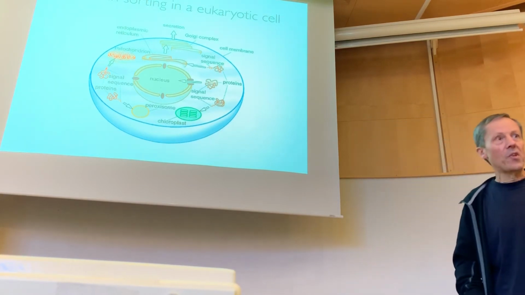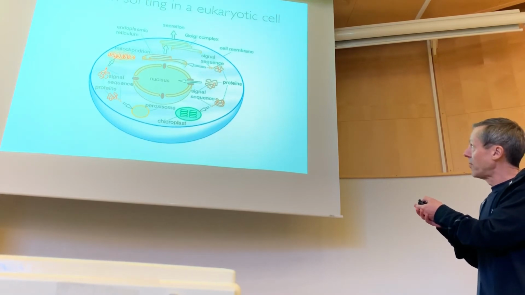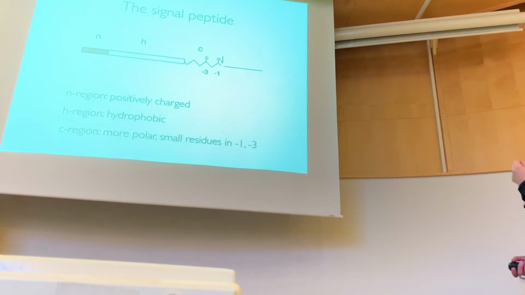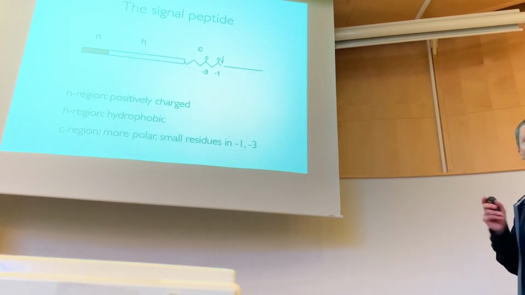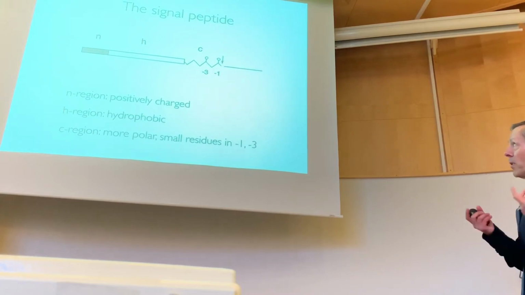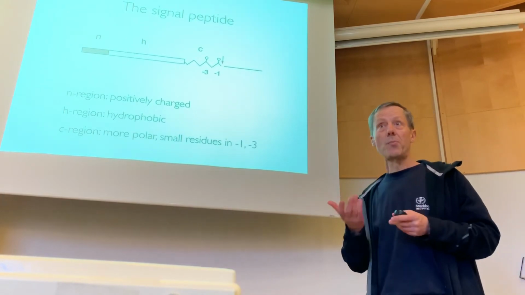So then, what do signal peptides look like? The signal peptides that target proteins to the endoplasmic reticulum. Now this is a very old bioinformatics problem. It was one of the first, really, in molecular biology, one of the early examples of bioinformatics predictors being developed.